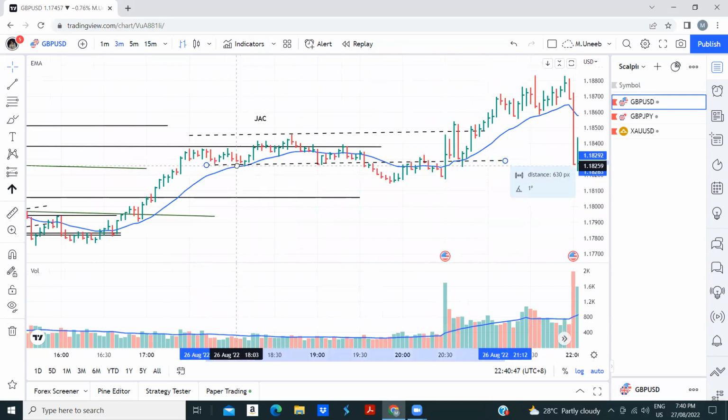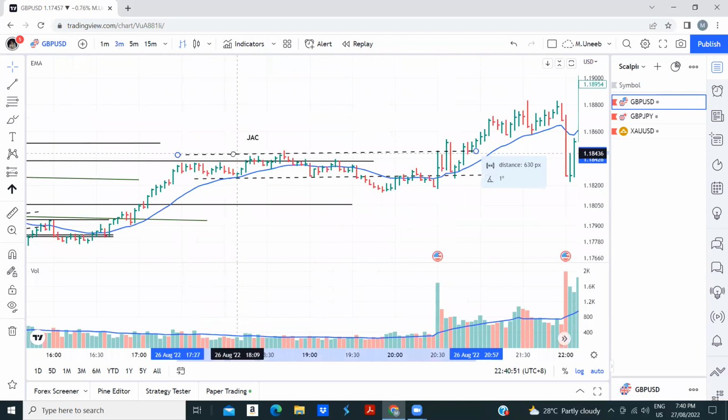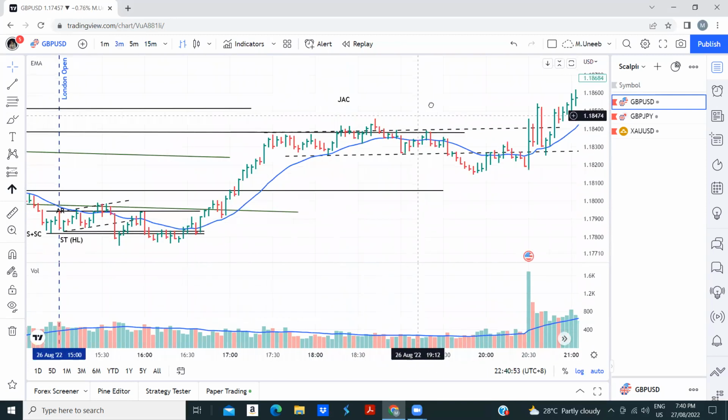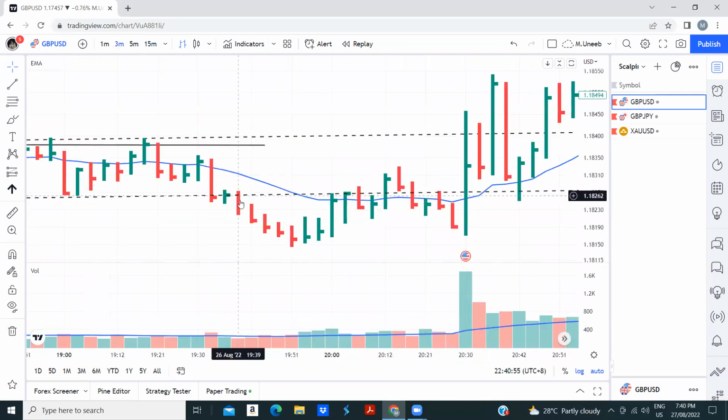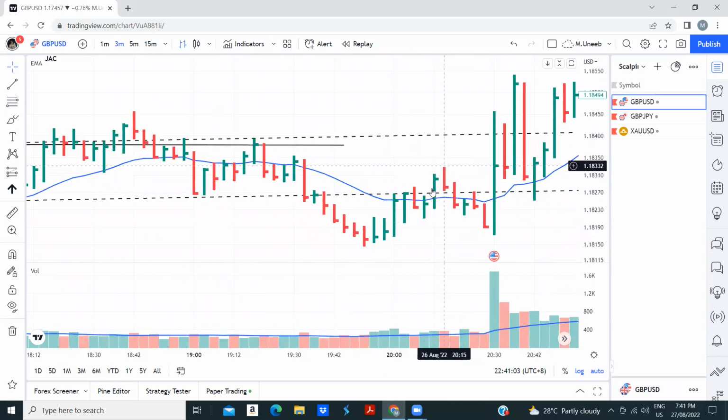So this one here, and this one here. So London open at what point? At this point. Oh, sorry, New York Open, at this point. The price went up. So this becomes a spring. Am I right? This whole section becomes a spring when it goes up.